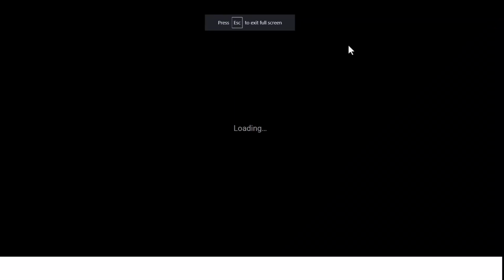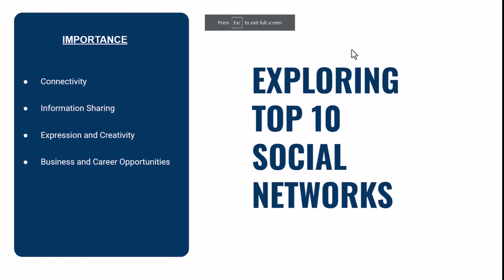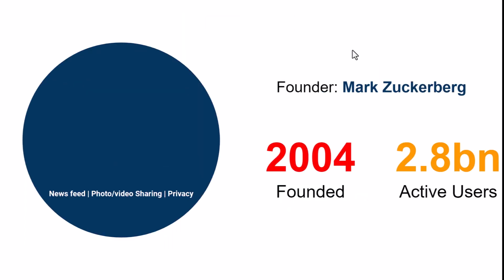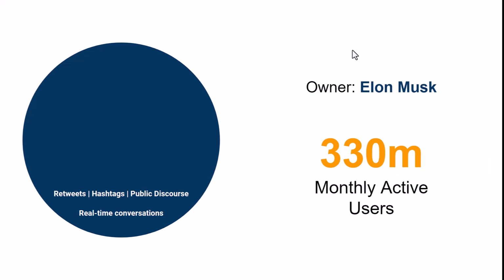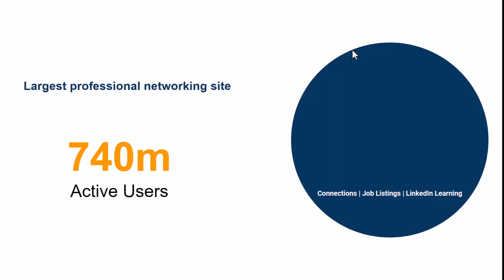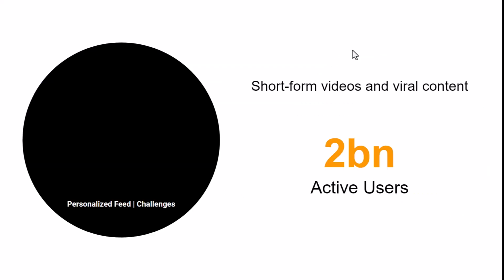Let's look at a slideshow to see how it looks when you are presenting. So importance and exploring 10 social networks. So basically this is for Facebook, this for Instagram, this for Twitter, this for LinkedIn, this for TikTok, WhatsApp, right?